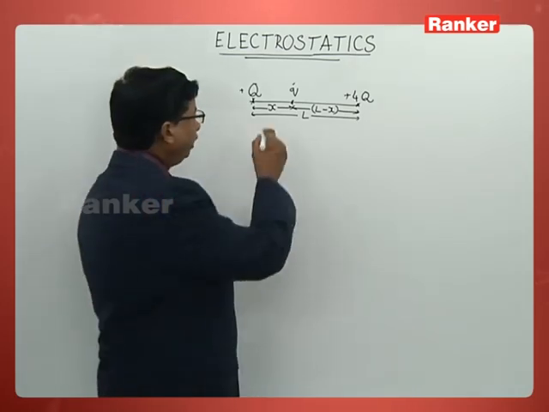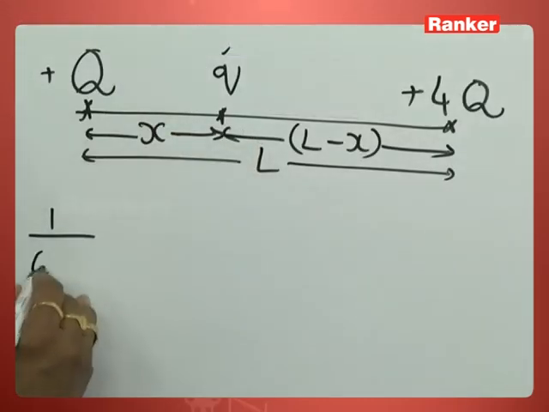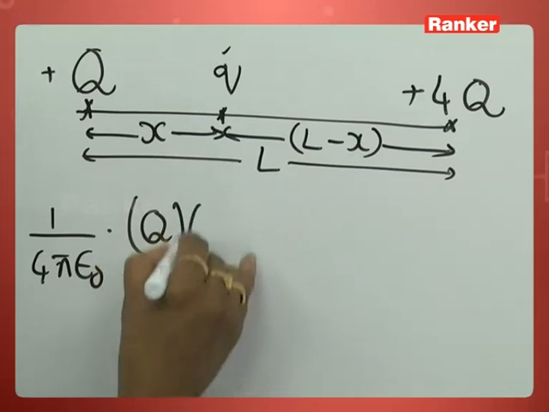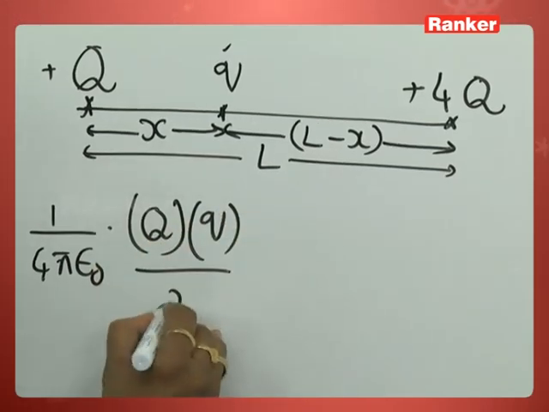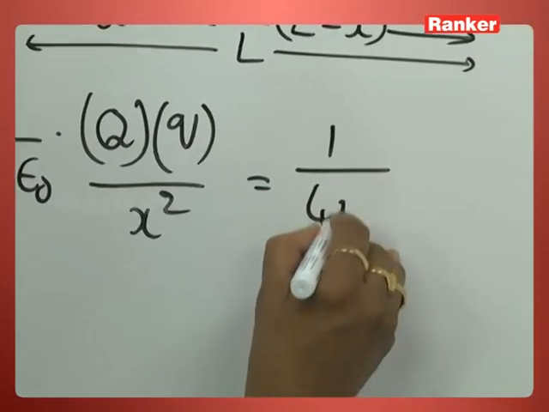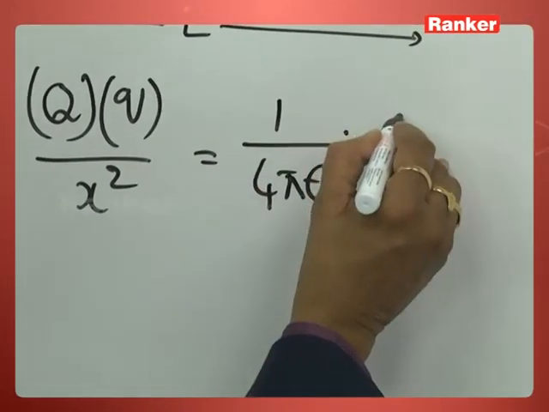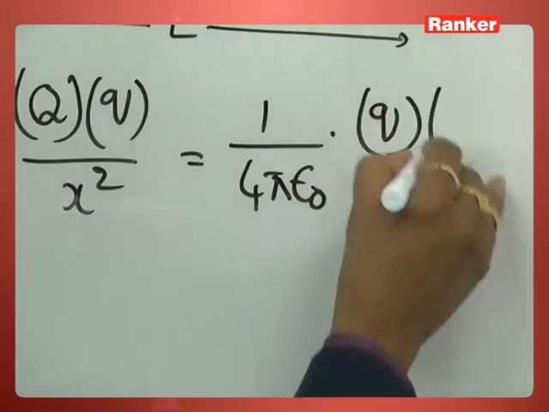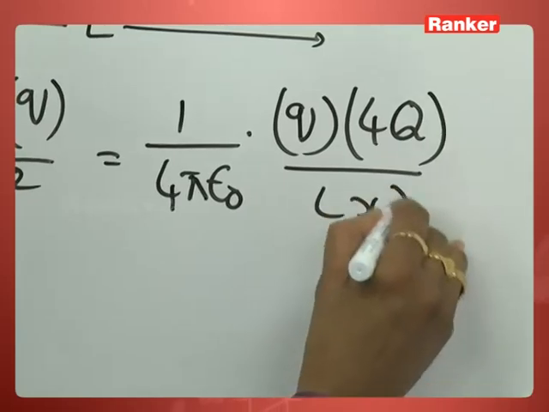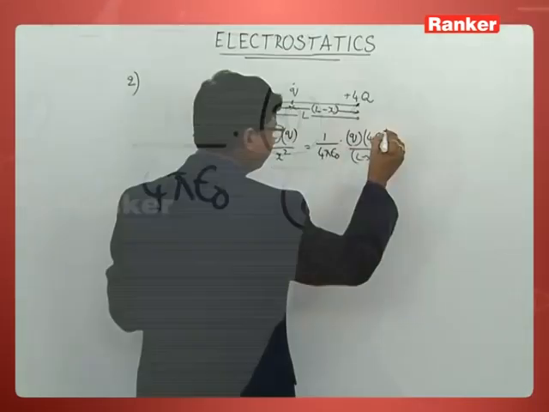That means 1 over 4 pi epsilon naught, Q times small q by x square, must be equal to 1 over 4 pi epsilon naught, small q into 4 capital Q by L minus x whole square.